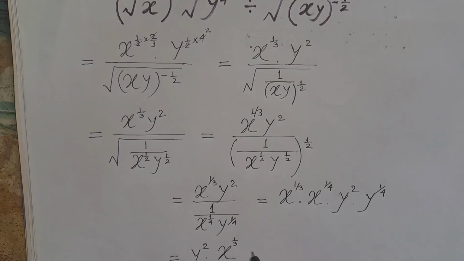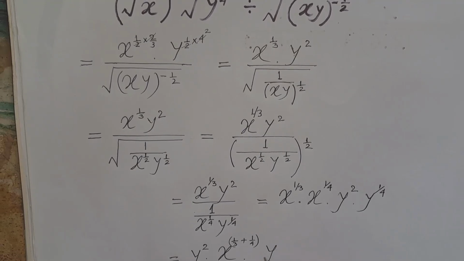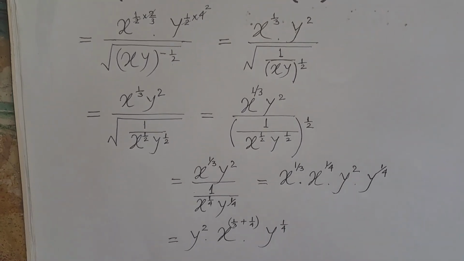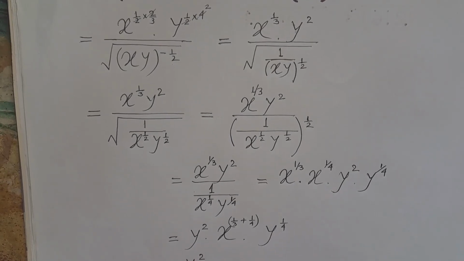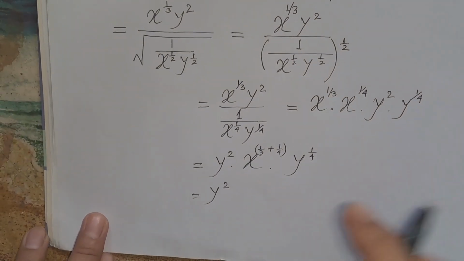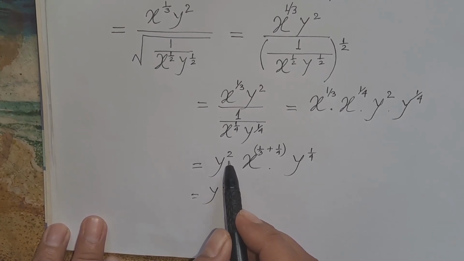And now x to the power 1 by 3 and x to the power 1 by 4 will be added, and the y with the fractional power I am writing at last. Now y square in the first position. I hope now you can see the lines.